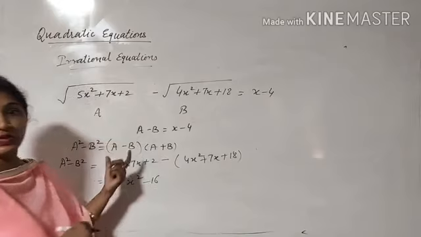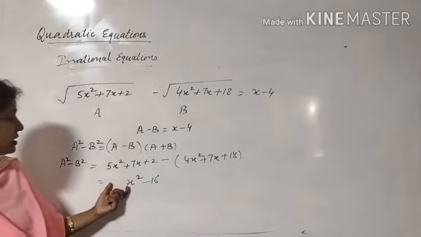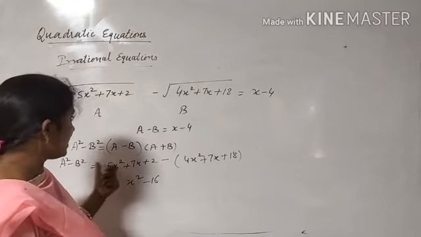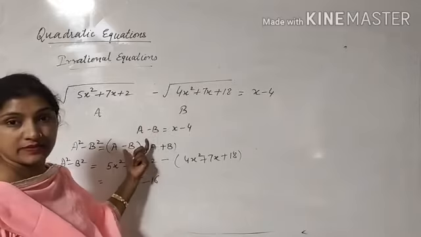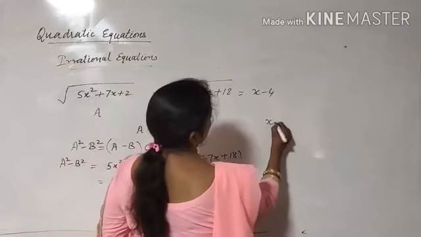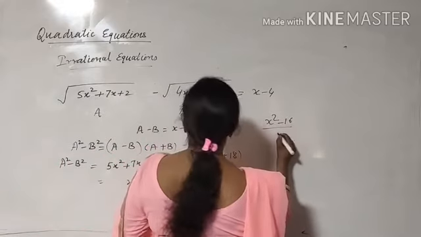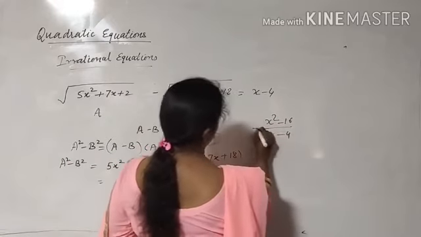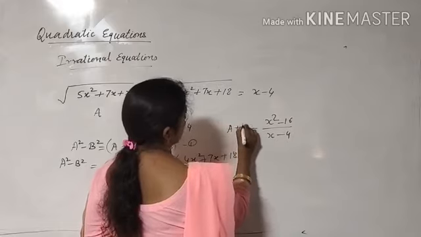So from these two equations, if I substitute the value of a square minus b square and a minus b into this equation, we have x square minus 16 divided by x minus 4 as a plus b.